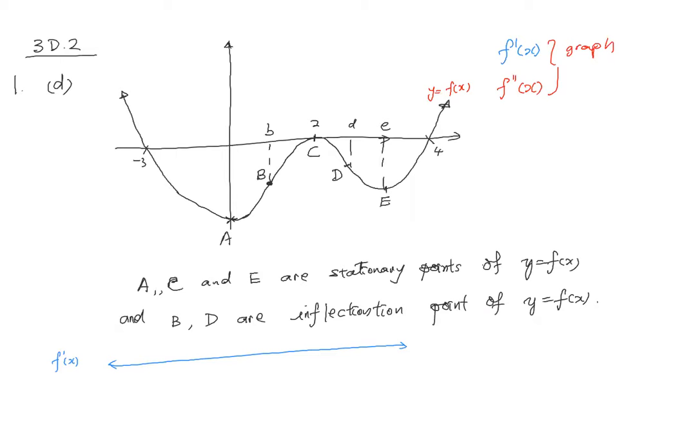What number or what alphabet must I mark on this straight line? Yes, I should mark. This is the 0, by the way. The A is the 0, okay? Or if you don't want, you mark A also can.